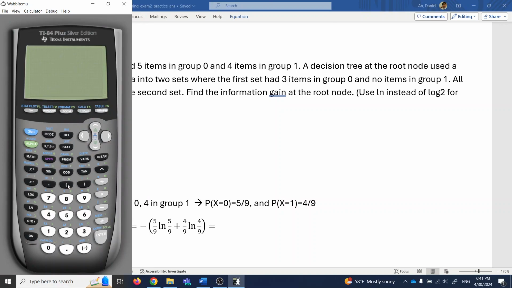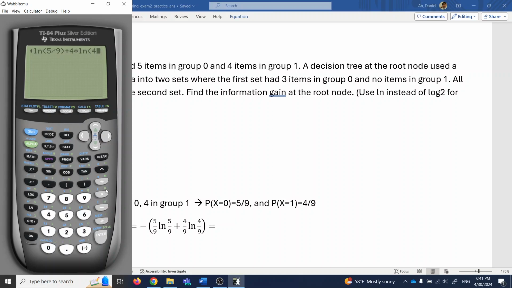Okay, so let's put a parenthesis around 5 over 9 and times ln of 5/9, and then plus 4 divided by 9 and then times, well, let's do 4 times 9. That way we don't have to worry about whether this log will get multiplied in the numerator or the denominator.